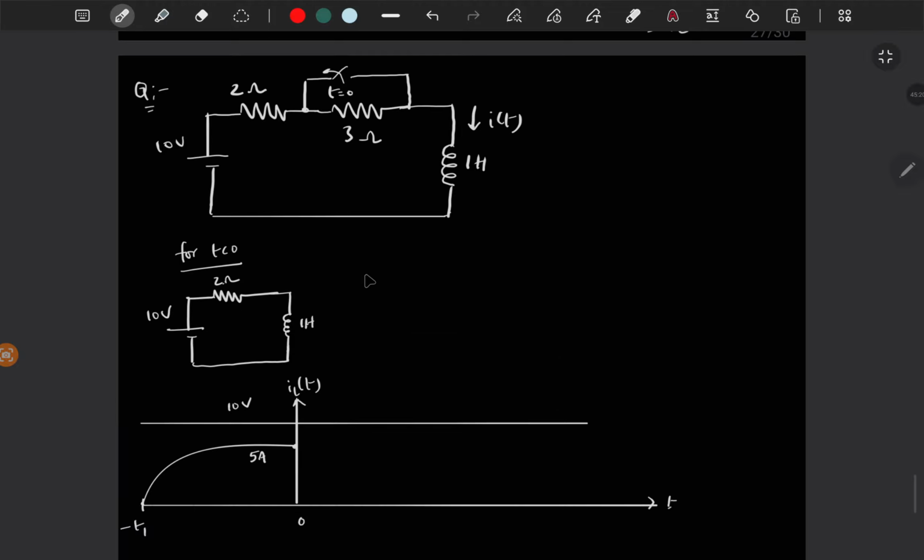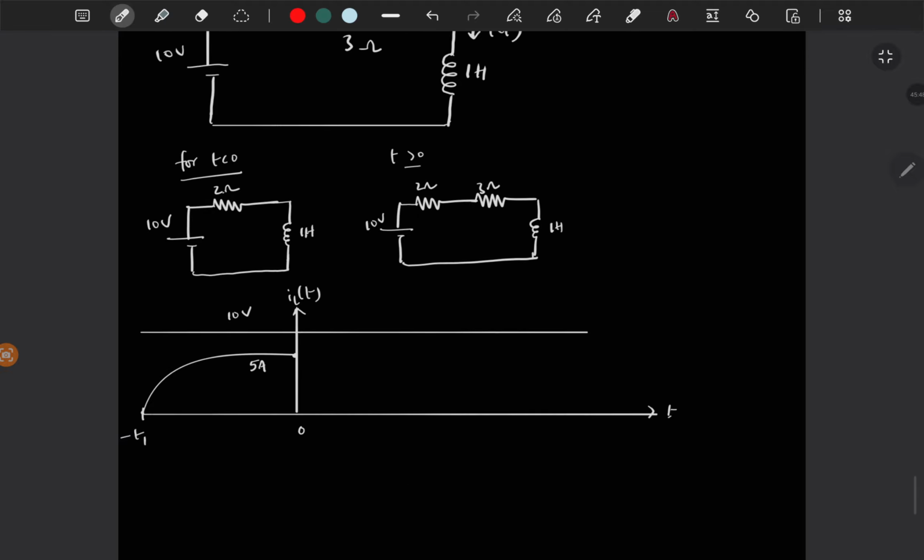And after this one, t greater than 0, the switch is open and you have 2 ohms, 3 ohms and inductor. So what is the final value of the current? Which is 10 by 5.